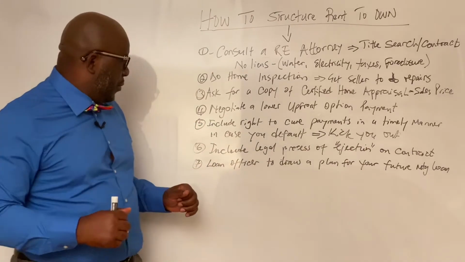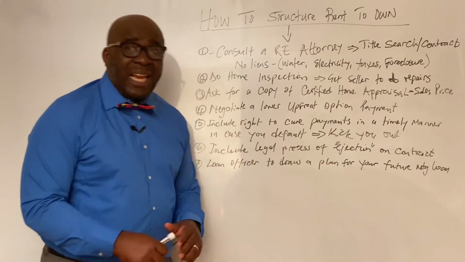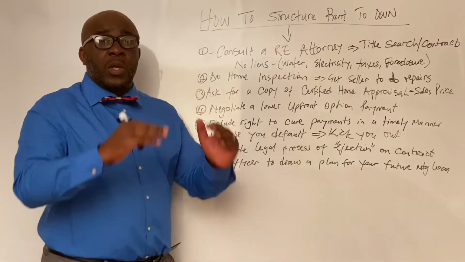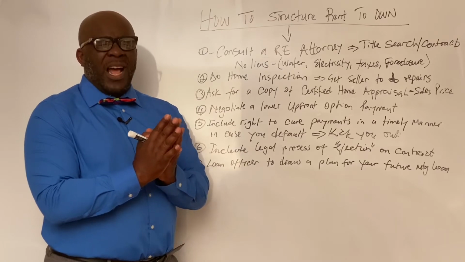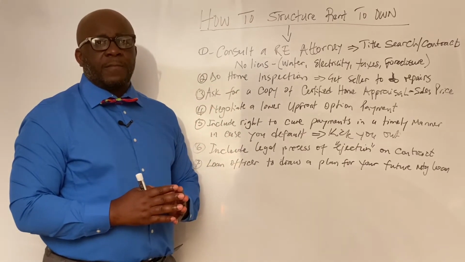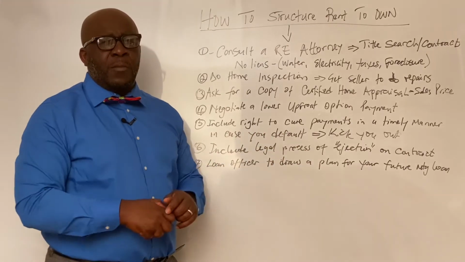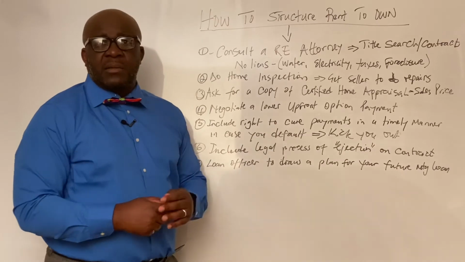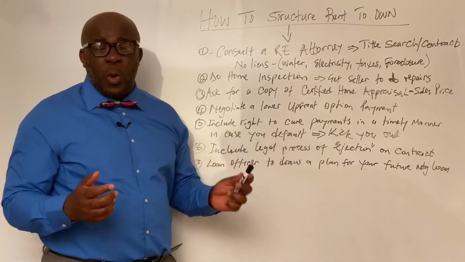Number seven, make sure you get with a local loan officer so you can draw a plan together on how you qualify for a mortgage in the future. There are different kinds of options for obtaining a mortgage. There's the FHA. There are even down payment assistance programs like Sweet Homes.